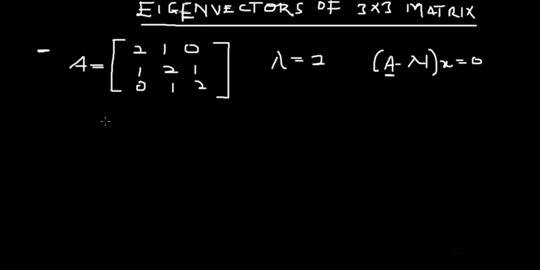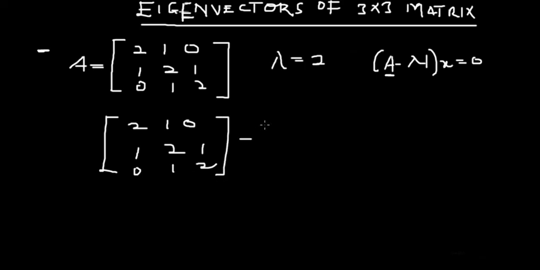So let's proceed. We have our main matrix: 2 1 0, 1 2 1, and 0 1 2. And then we subtract from it the identity matrix with eigenvalue of 2: 2 0 0, 0 2 0, and 0 0 2.